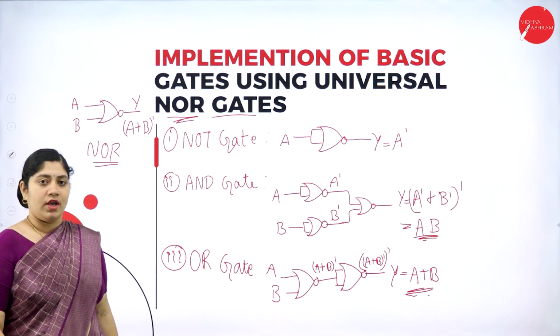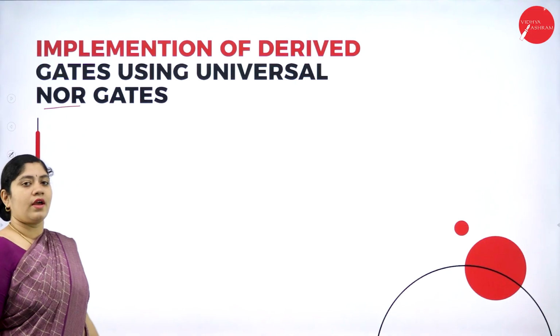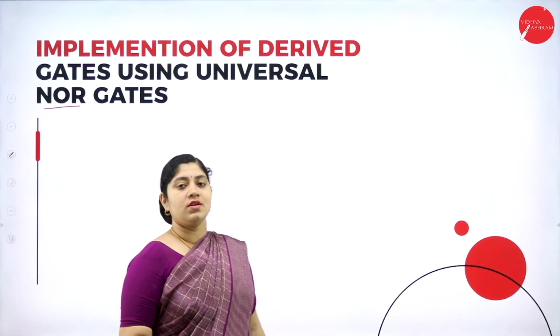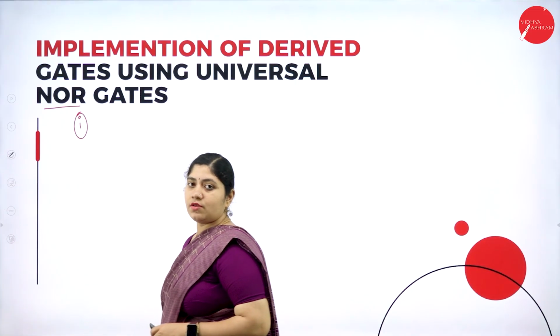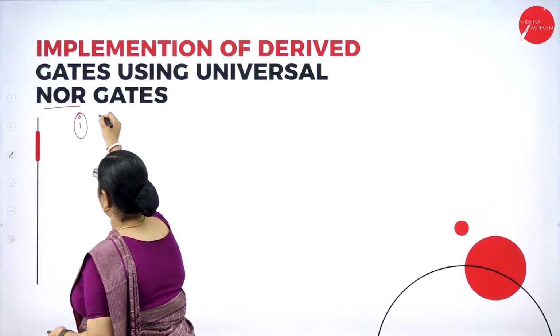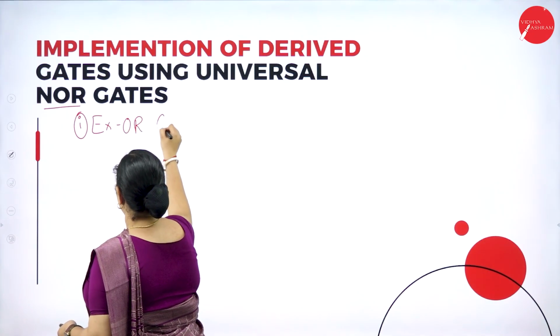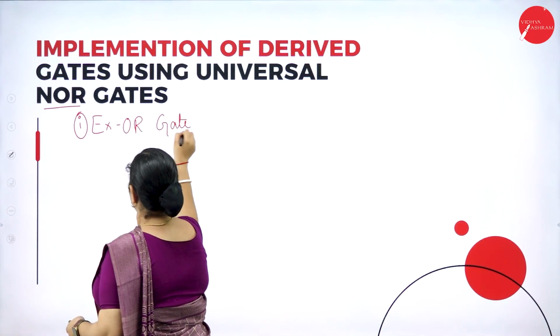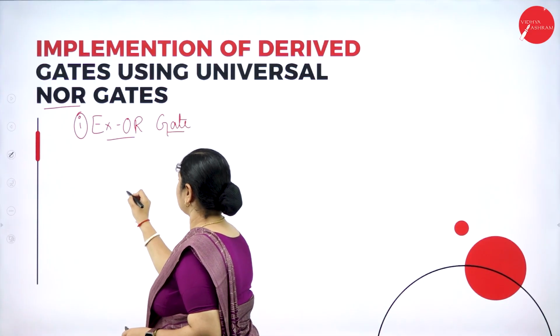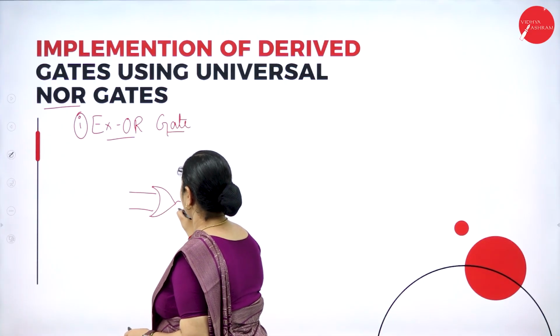Alright. So let's head up and implement the derived gates by using the NOR gate. Now let's start with the first type of derived gate, that is none other than a XOR gate. Let's start implementing that by using a simple NOR gate.